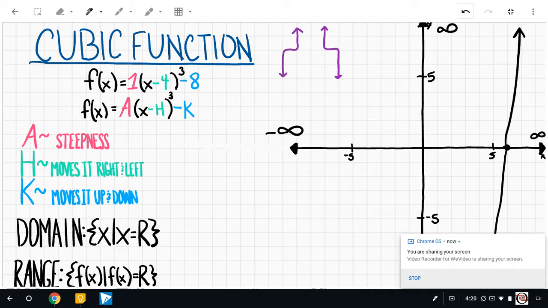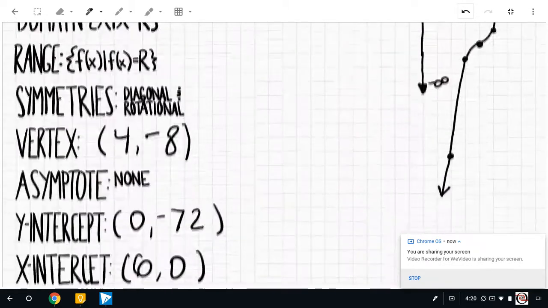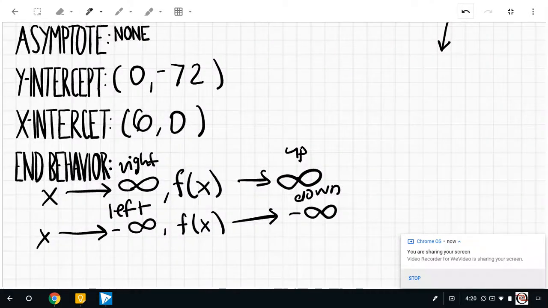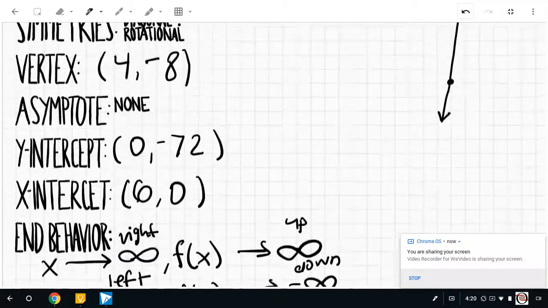And you think, is it going to the right or is it going to the left? As it's going to the right, is it going up or down? So that's what I like to think. And it's actually fairly simple. And this is basically it.